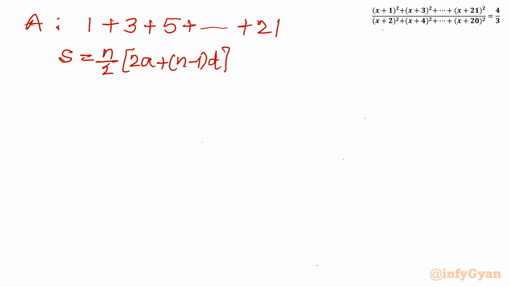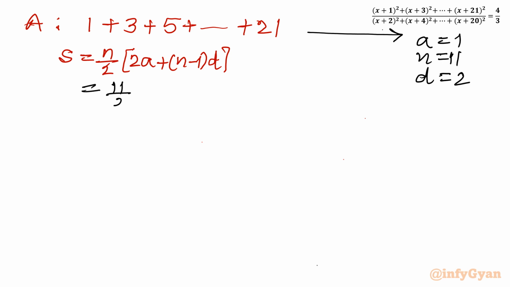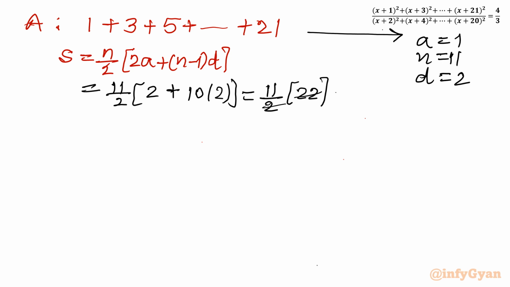Here a = 1, n = 11, common difference is 2. So 11/2 (2 + 10 × 2) = 11/2 (22). I cancel the two, leaving 11, so A comes out 121.